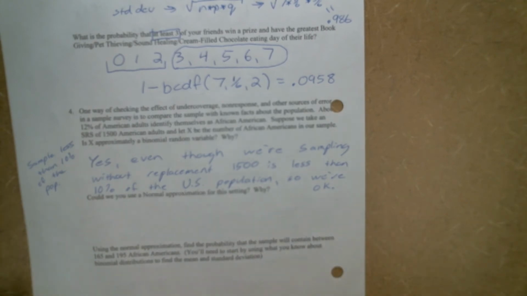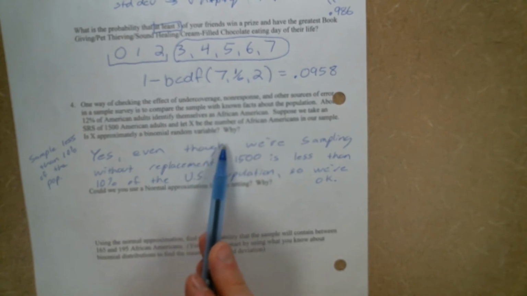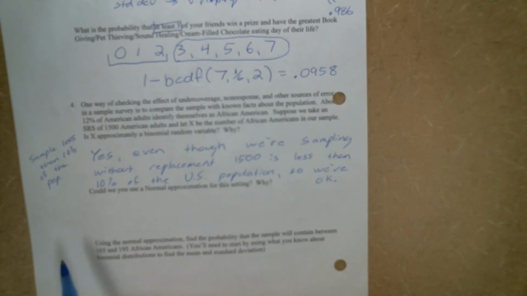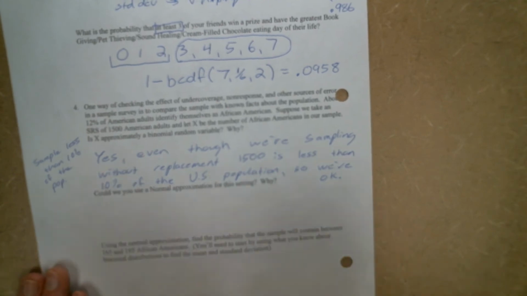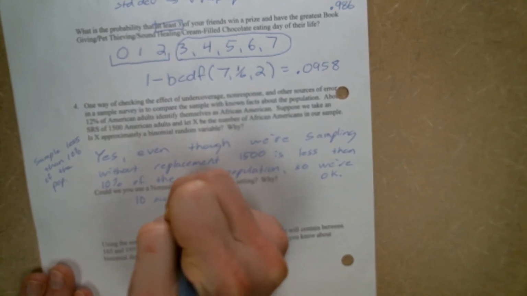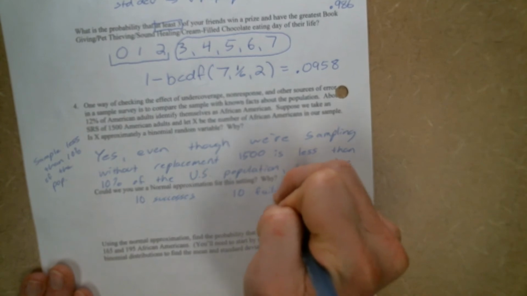You don't need to have both of them. It depends on what you care about. If you care about whether something is approximately a binomial random variable, then this is what we need to look at. If you care about whether we can use the normal approximation, then you're looking at, do I have 10 successes and do I have 10 failures?